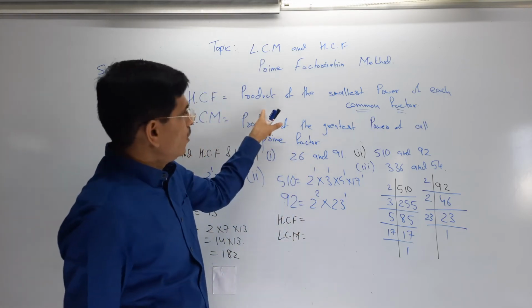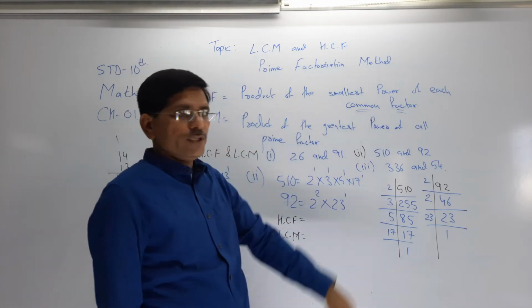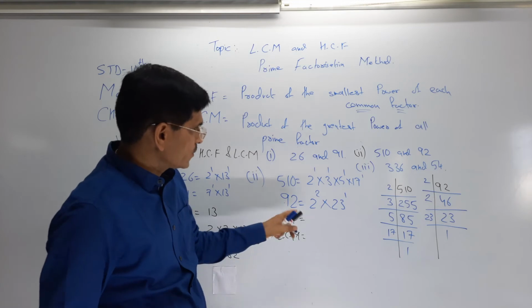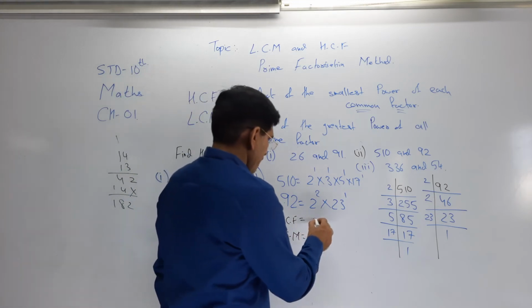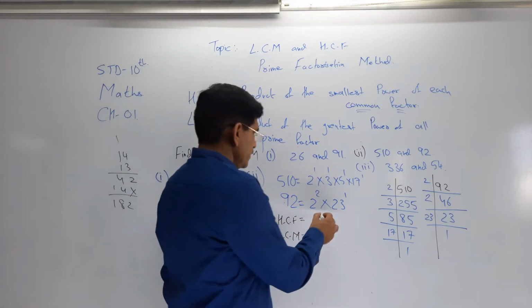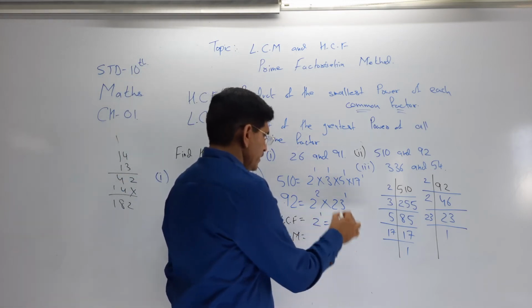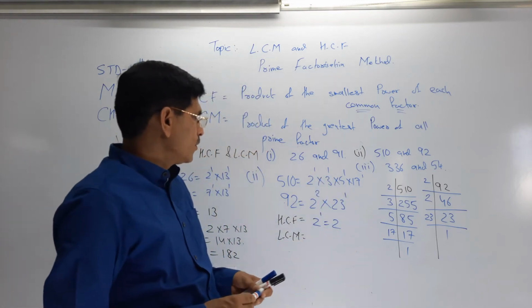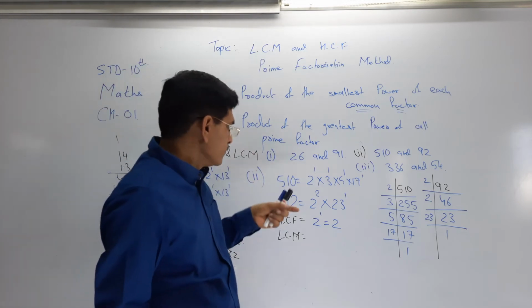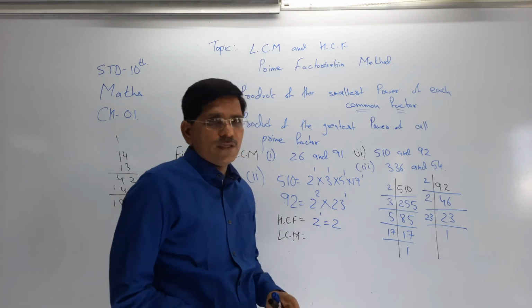Again, product of the smallest power of each common factor. The common factor is 2 only, and the smallest power is 1. So the answer is 2. So for 510 and 92, the HCF is 2.